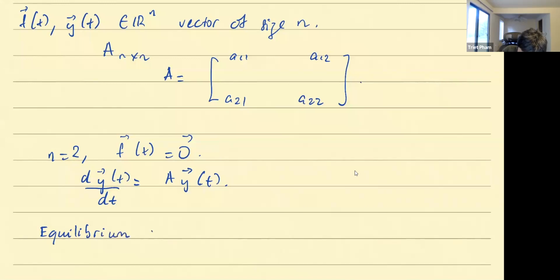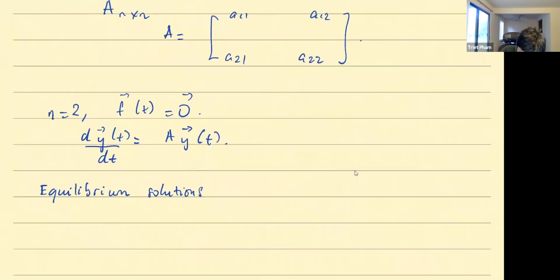Solutions. Okay. So again, what is an equilibrium solution? Equilibrium solutions are solutions where if you start there, you stay there. If you start there, you stay there, you don't move. So obviously, equilibrium solutions are the solutions where the derivative is going to be zero for any t.